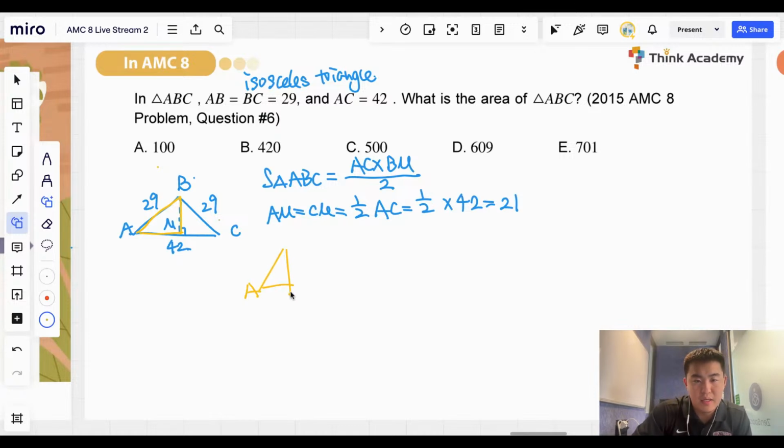Here is A, here is M, here's B. We know AB is 29, and AM, as we just said, has a length of 21. And we need to solve for BM. Remember, BM is perpendicular to AM. So in this case, we can apply the Pythagoras theorem, right? Let me write down the word again: Pythagoras theorem.